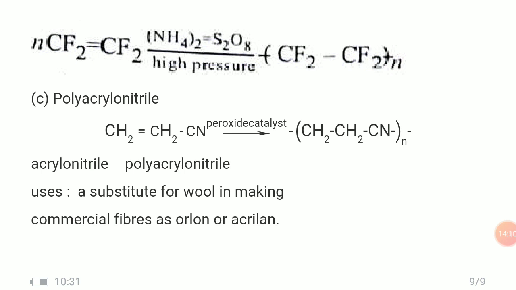Polyacrylonitrile is used as a substitute for wool in making commercial fibers like Orlon or Acrylan. Thank you.